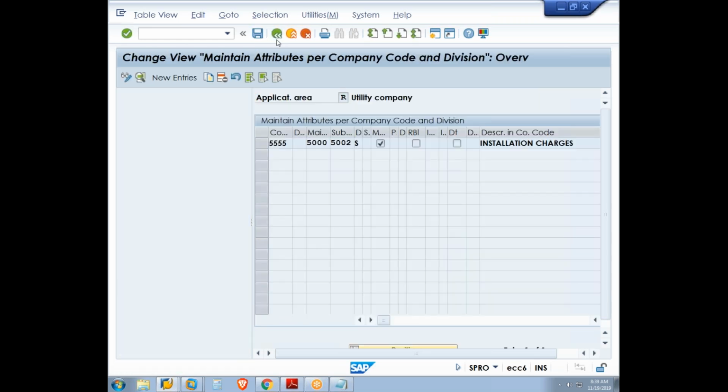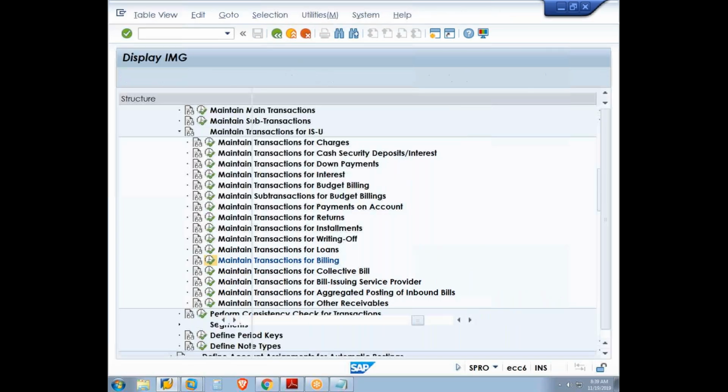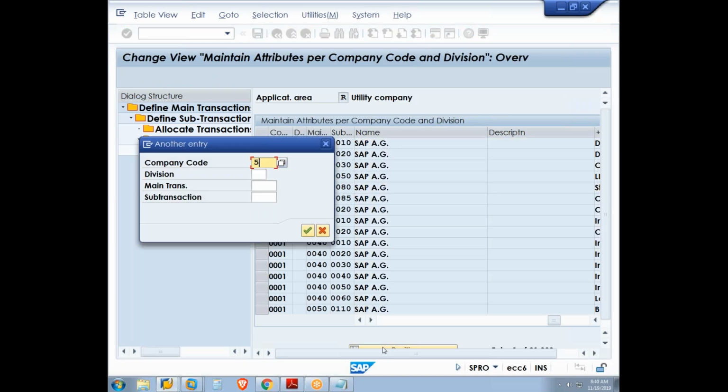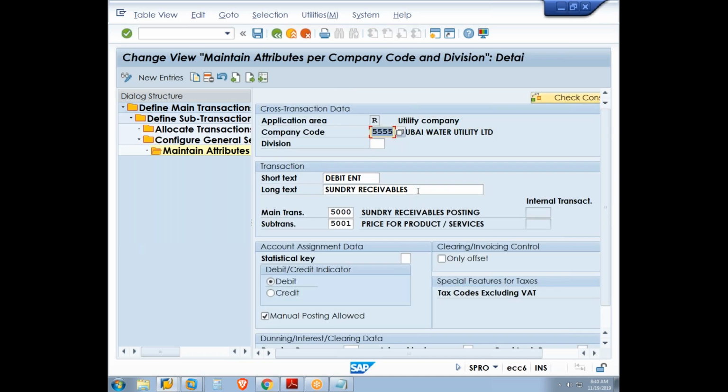So select here company code 555, main transaction 5000 and then 5001. Select the particular line and see the detail. We will say sundry receivable prices and then save it.